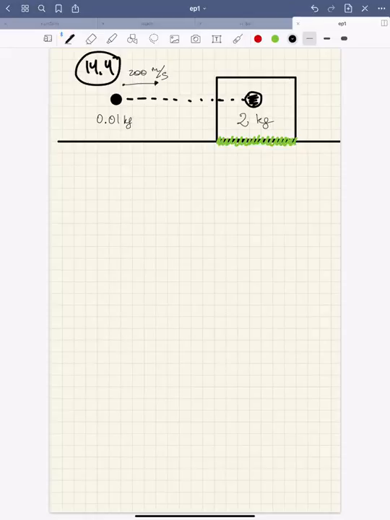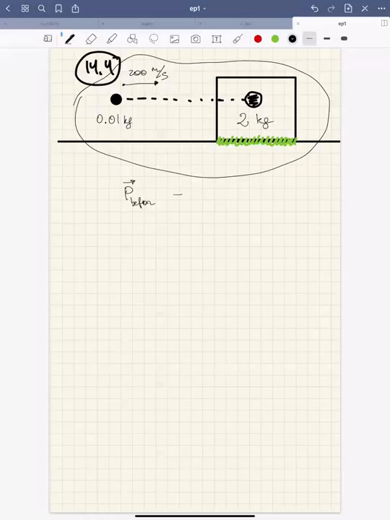Okay, so again, when this bullet hits the box, there are very complicated forces involved that I don't really know. But since the box and the bullet are isolated and there are no external forces, I can write down that the momentum before they got stuck together is equal to the momentum after they were stuck together.